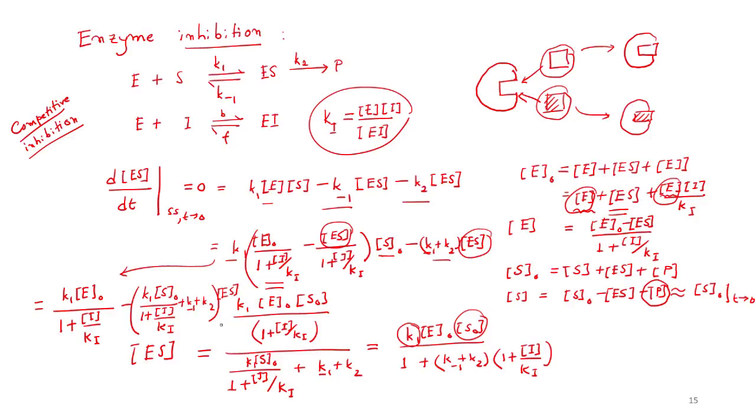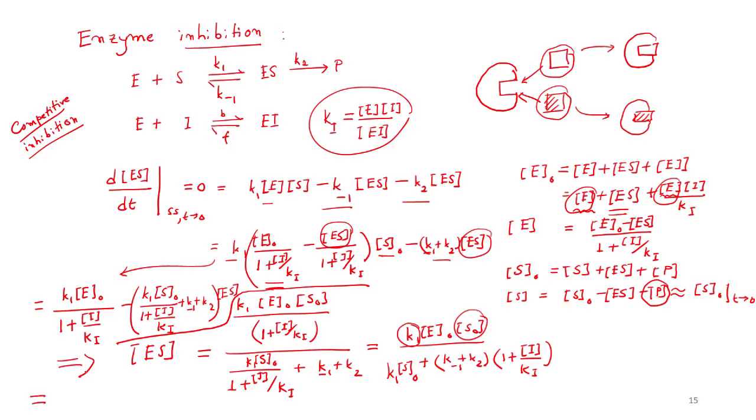So you can just draw a line to avoid confusion. So this is the ES concentration. You can divide the numerator and denominator by K1 into S0. At this stage, K1 into S0, and if you do that, then I'll have here K minus 1 plus K2 by K1. Maybe we can go to the next page and write it, or maybe we can write it here. So I'm writing the next step.